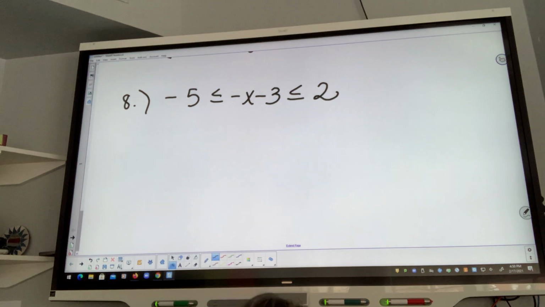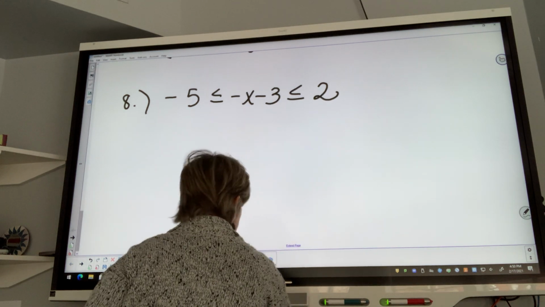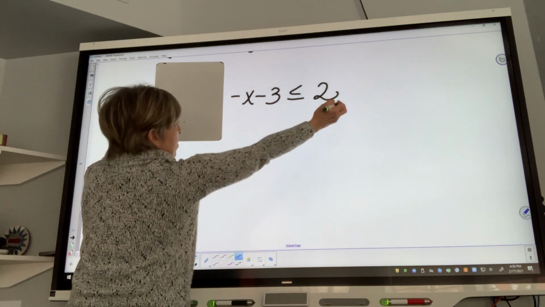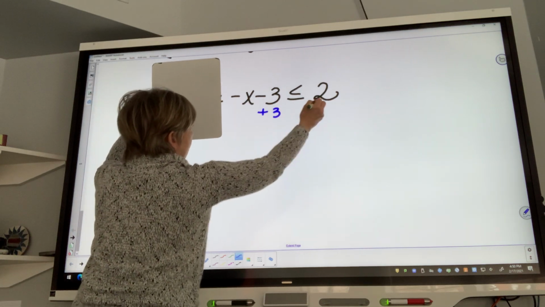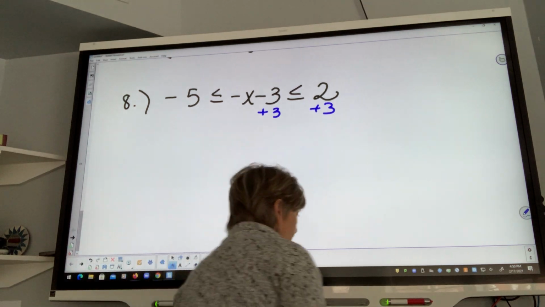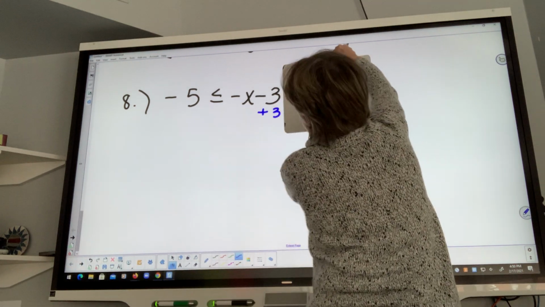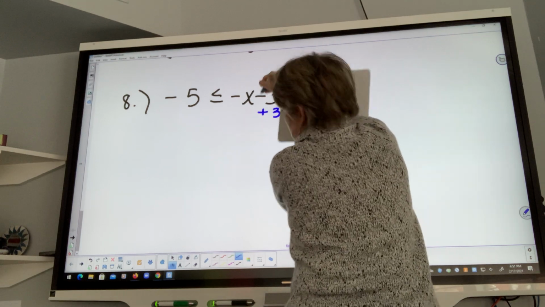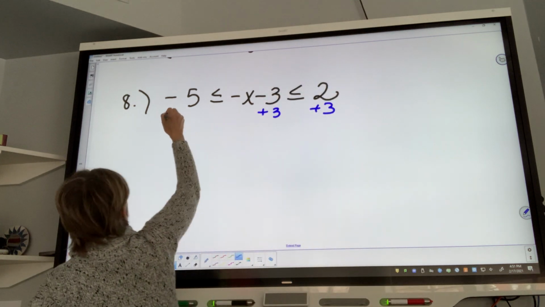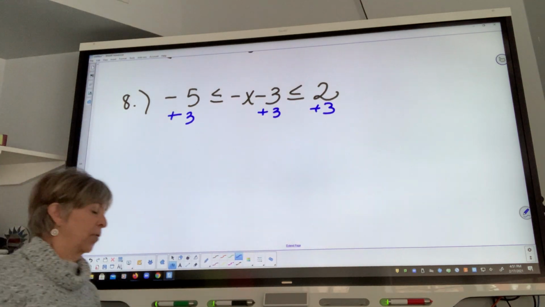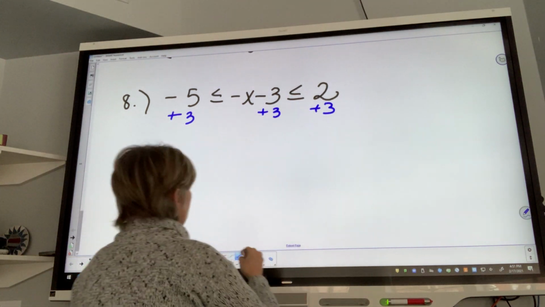So again, if this was not here and you were solving this side, you would add 3 to both parts. And if this side wasn't here and you were solving that inequality, you would add 3 there and you would add 3 there. So I'm just going to do it to all 3 parts at once.